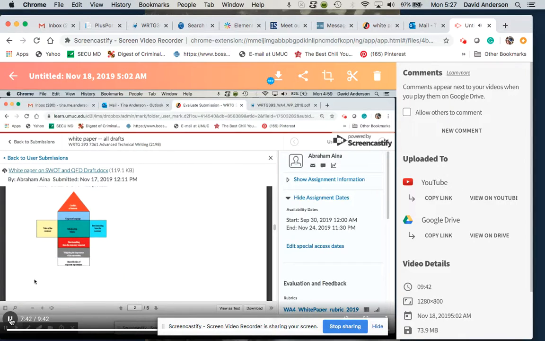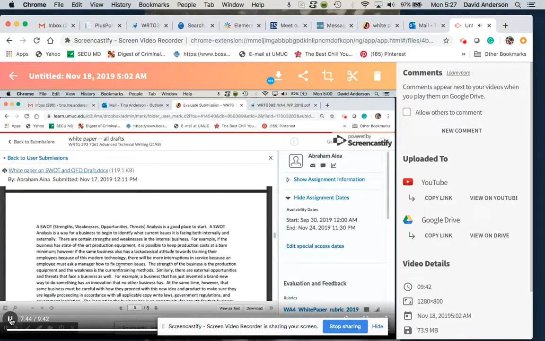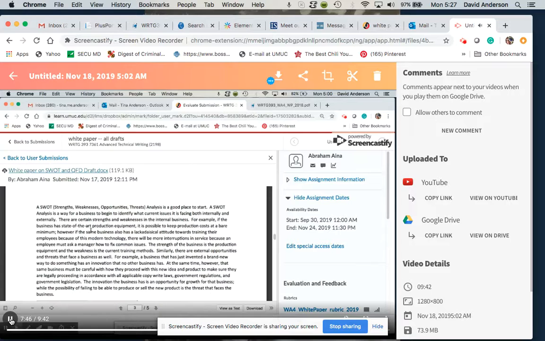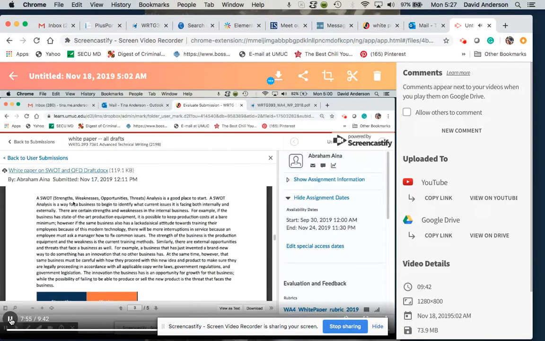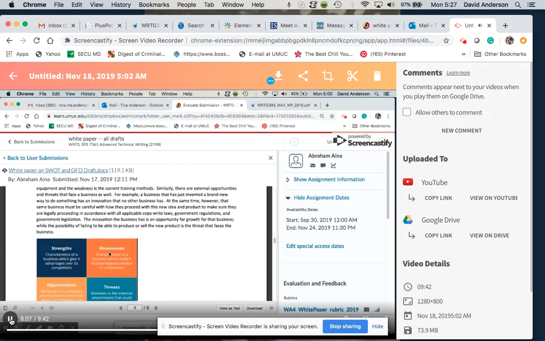I need to make sure I label the graphics, and the same thing under this SWOT analysis. You may want to have some bullet points. Right here, strength, weaknesses, opportunities, and threats analysis is a good place to start. It can, one, bullet point, begin to identify current issues, 2, and so on. So you may be able to do it that way.